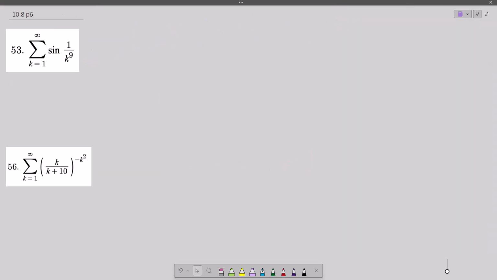Okay, now the top one is a weird one. In your mind, visualize the sine curve. So it's just wobbling around between -1 and 1. Right?